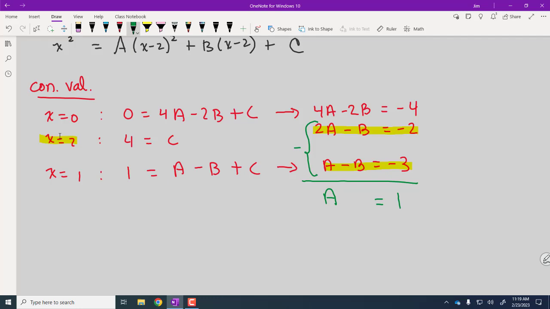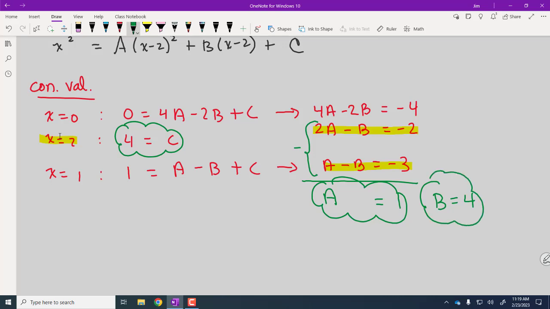Confirmation? You get A is 1? Good. Now we have C, we have A, and to get B, plug it into either of these equations. Plug A equals 1 in right there, subtract it, you get negative 4, so you're going to get B is equal to 4. So it will not matter what you picked for your second two equations here.